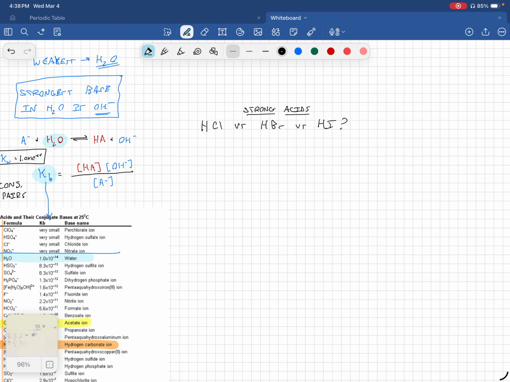They're too good of an acid in water, and so they pretty much 100% donate their protons to water. So how do we measure Ka values for these if we can't use water?